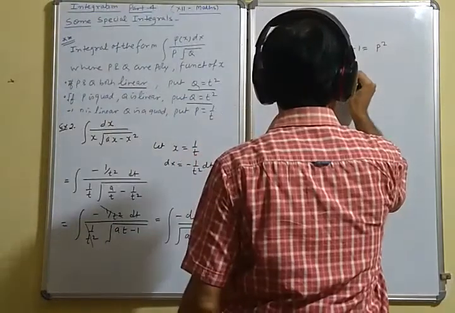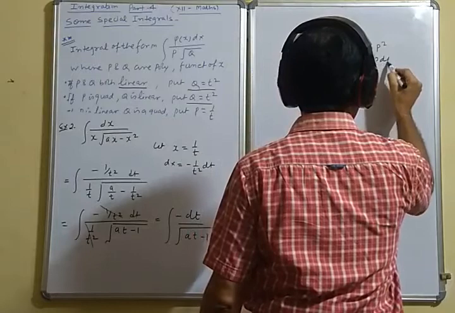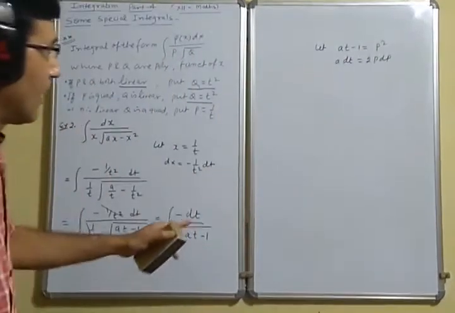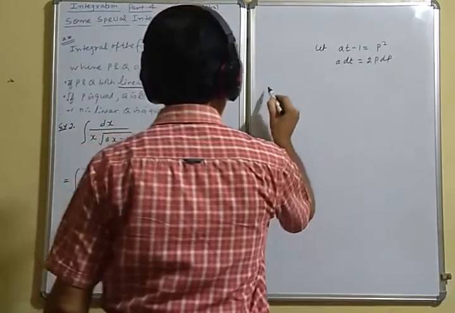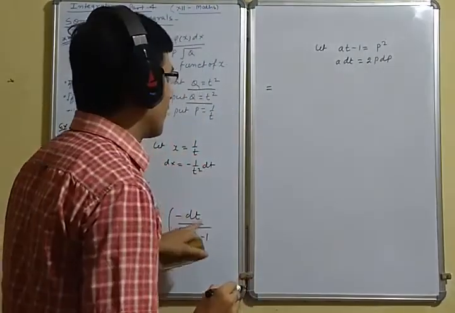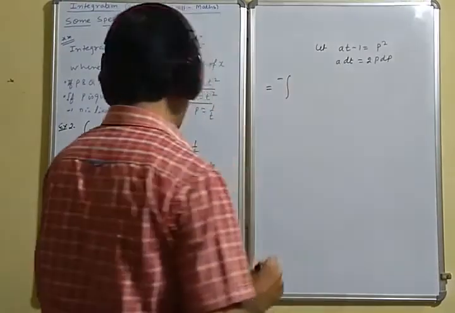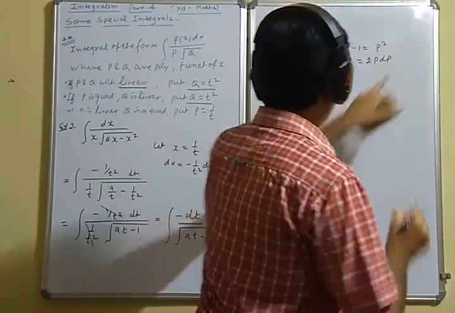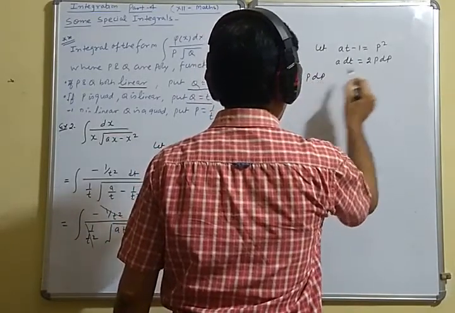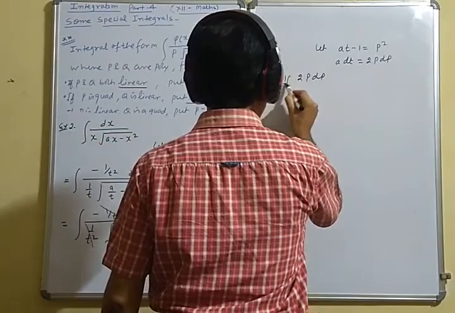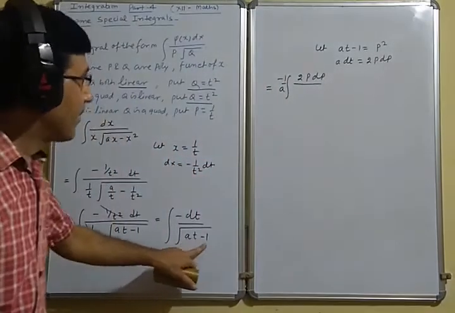So a dt is equal to 2p dp. So this integration becomes minus dt, where dt is equal to 2p dp divided by a. So this is minus 1 upon a times 2p dp divided by under root (at minus 1).